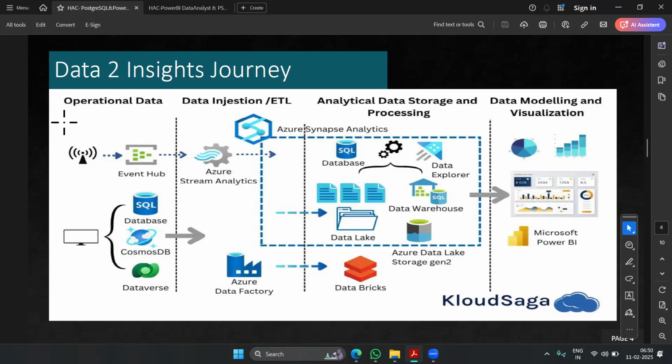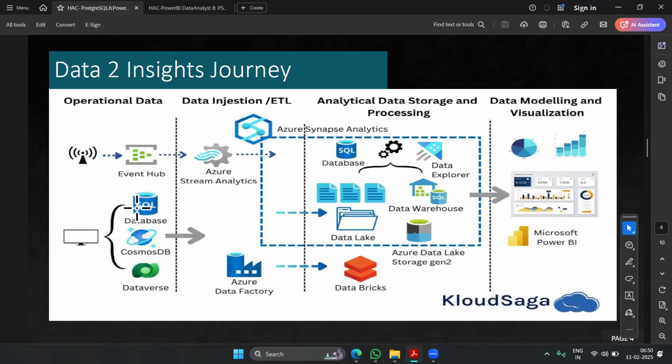If it is an HR, human resource system, they capture all the employee activities, their attendance, their absence, their salary and everything. If it is a sales department, they capture how many products are sold, what discounts are available, all these things. Similarly, if you see this event hub, it captures real-time information like weather, temperatures, hourly and daily. So this operational data is the first source for all our data.